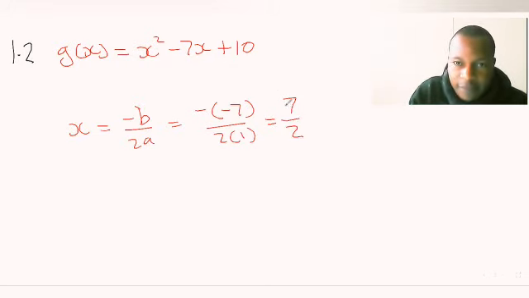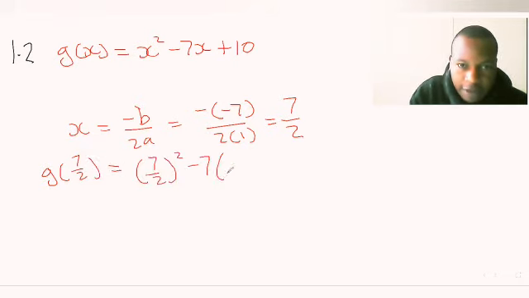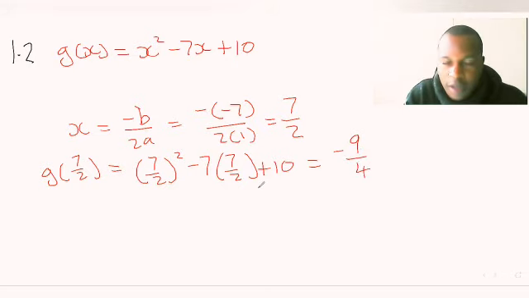We can then sub into the equation itself. So that would be g of 7 divided by 2. Where there is x, we sub in 7 divided by 2. This in itself will give us negative 9 divided by 4. That would be the y coordinate of the turning point.